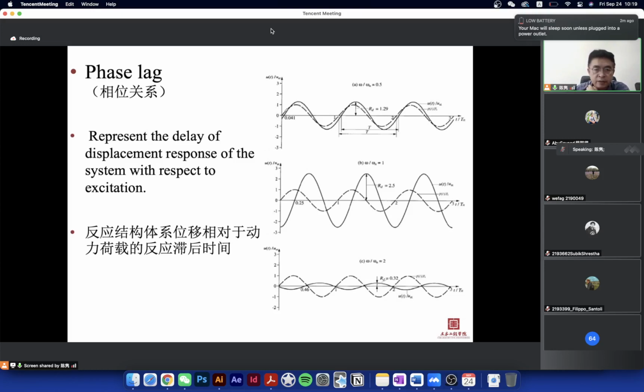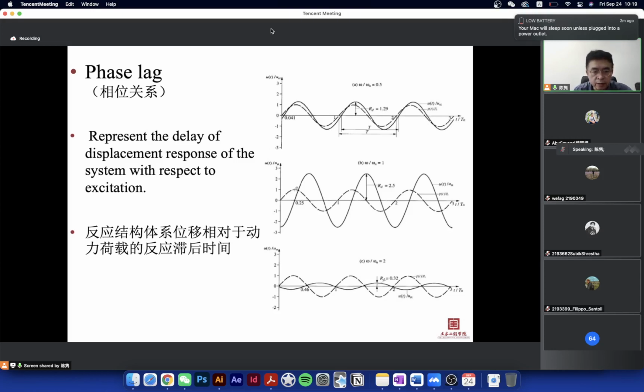Okay, phase lag. Let's see these examples here. The solid line is the response of the system, and the dashed line is the external load, because it's a sine wave. So the solid line is the dynamic response of the structure.